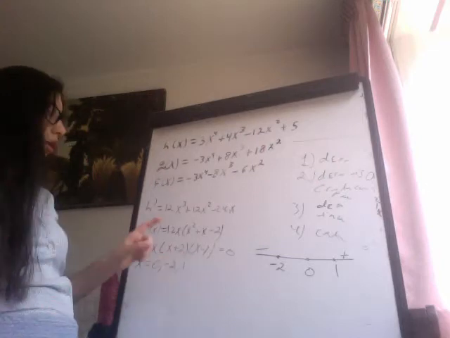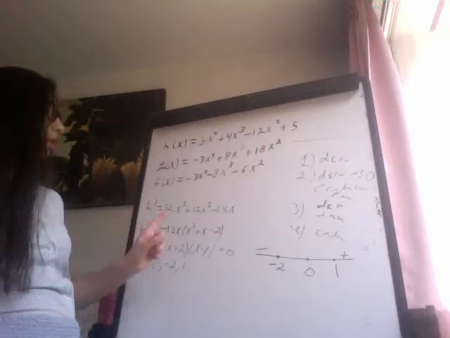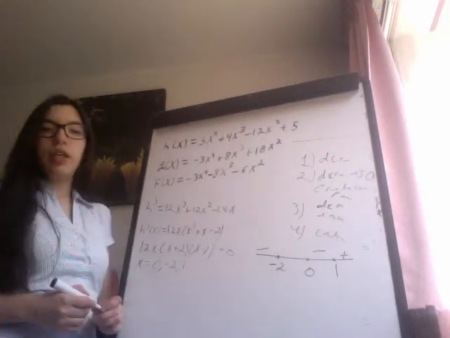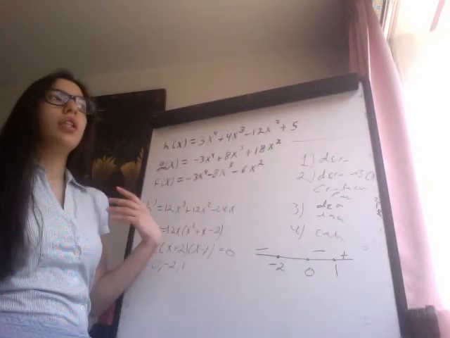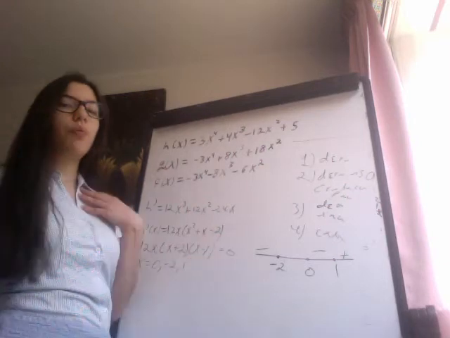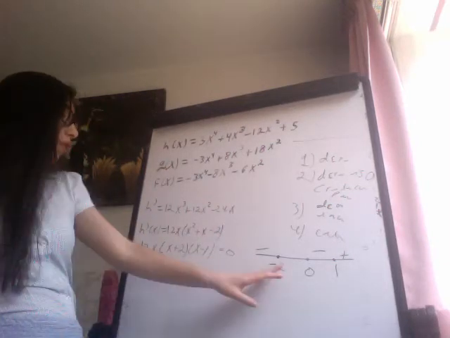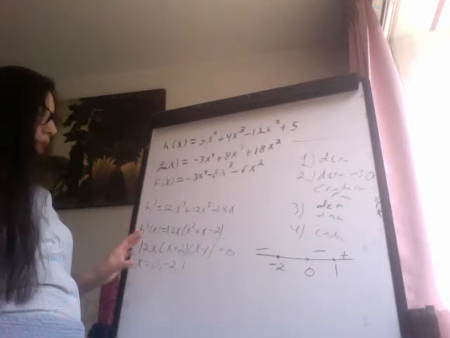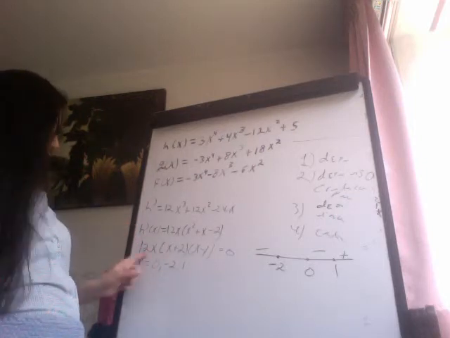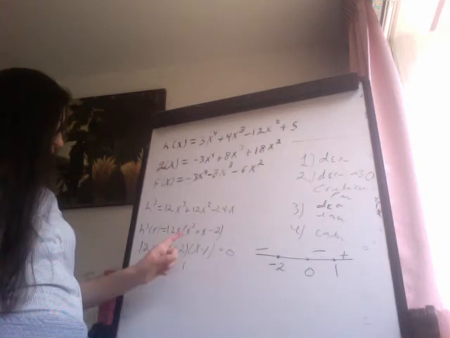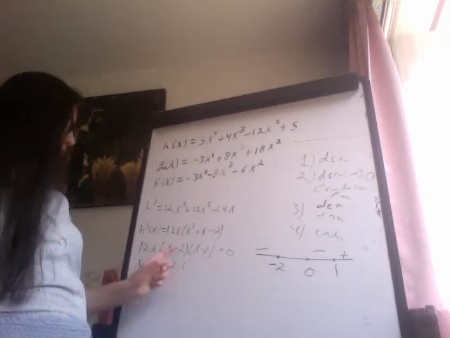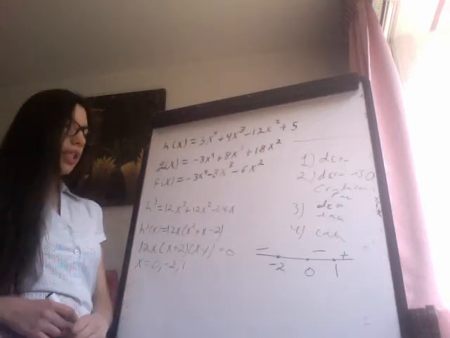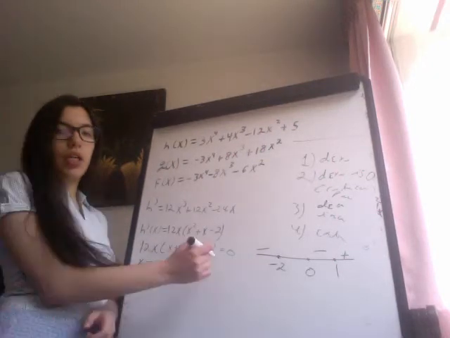So positive times negative is negative, and the function will be decreasing because the slope is negative. Between minus 2 and 0, the terms will be negative, positive, negative. So negative times negative is positive, times positive, positive.